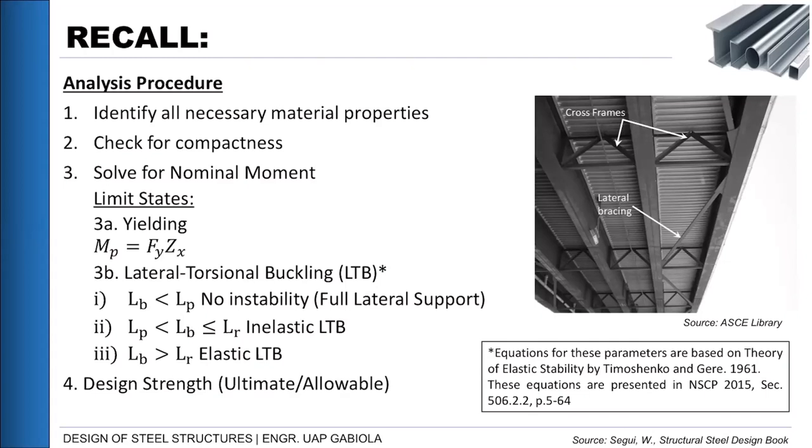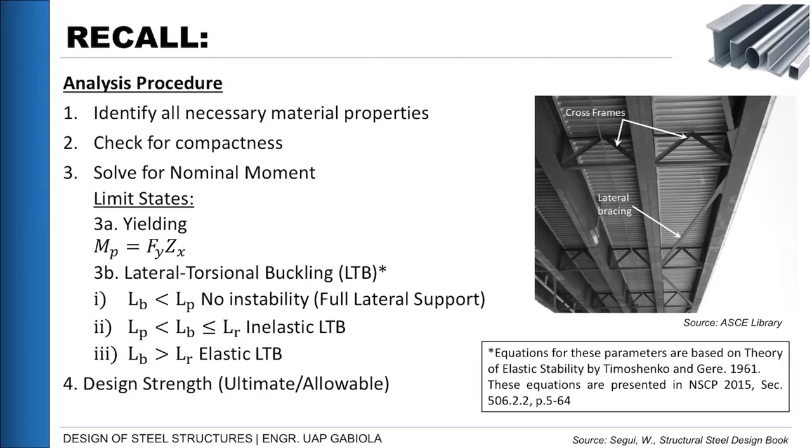Okay. Then after identifying the formula required for compactness, or how we analyze our section, we need to solve for the nominal moment. And in solving for the nominal moment of the section, we have two limit states. When we check these limit states, whichever is lesser of the two will be the governing value of our nominal moment.